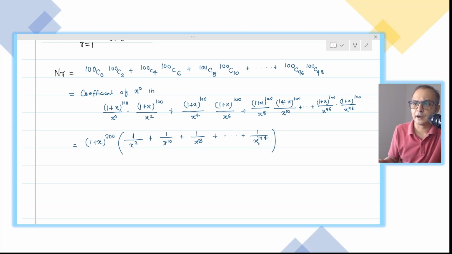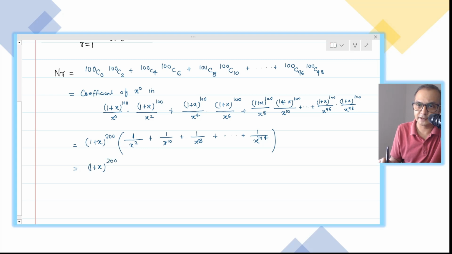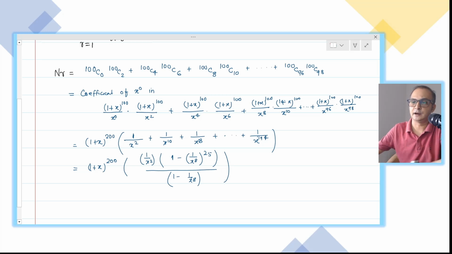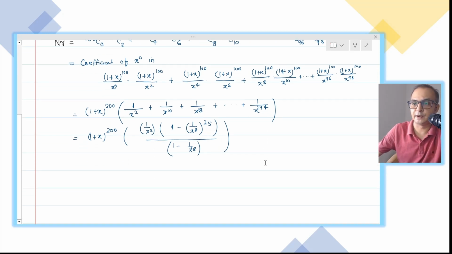But how do we write the expansion? So the expansion I can write as the sum of the geometric series. The first term is 1 by x^2, and the common ratio is 1 by x^8, and the number of terms is 25, so you can use the summation of a geometric series. Sorry, here I made a mistake, that is 8 only, so a(1 minus r^n) divided by (1 minus r).